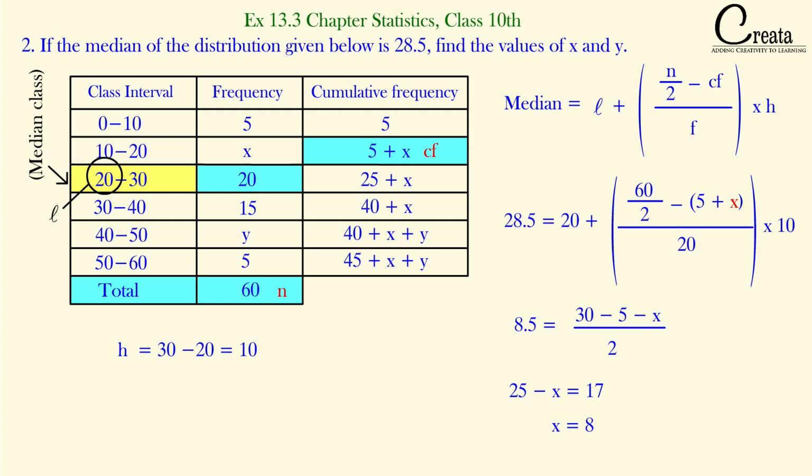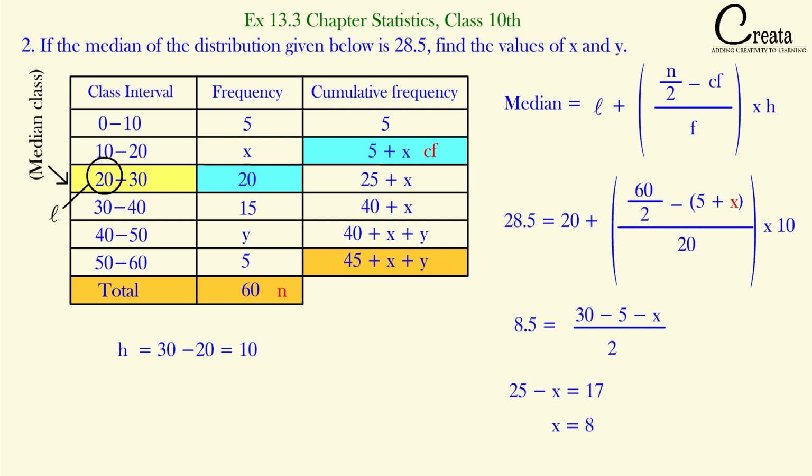Here if you observe, the last term of the cumulative frequency, 45 plus x plus y, is the total addition of the frequency. Cumulative frequency is the addition of all the frequencies up to that row. This is the last row, so it is the total addition of the frequency. And in the question itself, the total is given as 60.